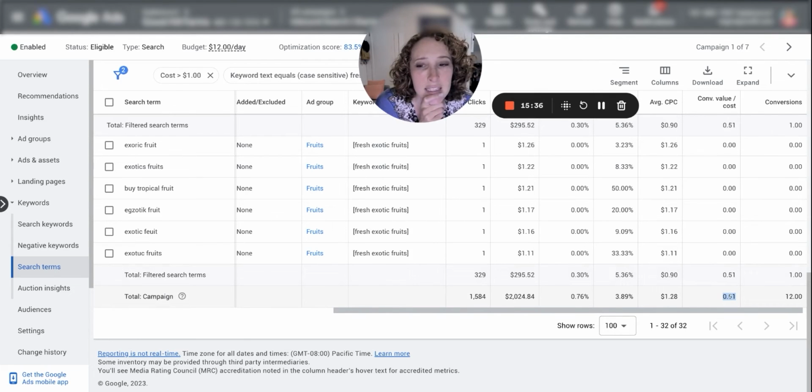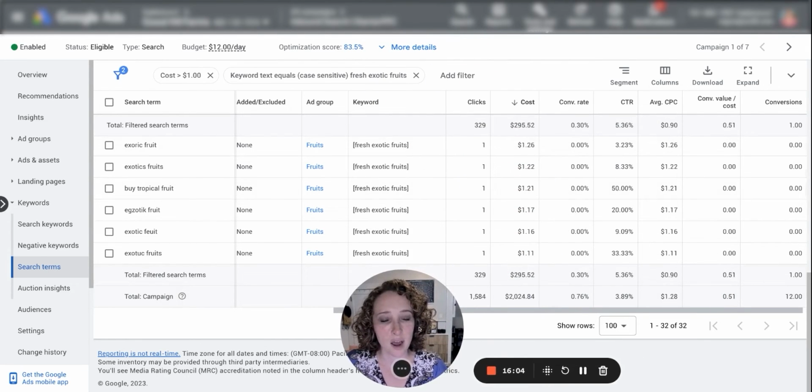So, it's actually getting a ROAS that's exactly the same as the total campaign ROAS. So I was expecting it to drag the total campaign down, but it's actually not dragging the total campaign down. So I'm not sure whether we should pause this or not.